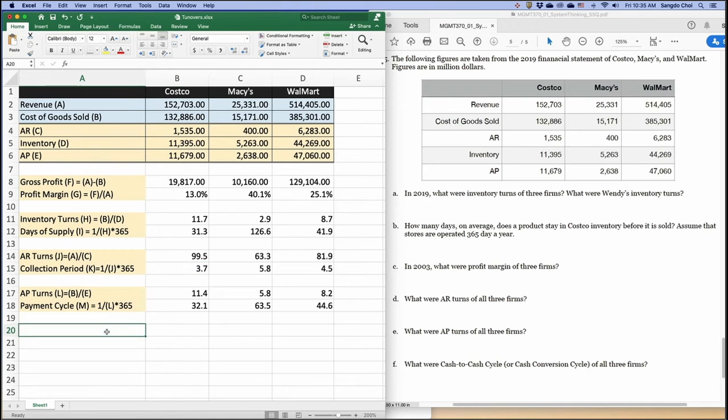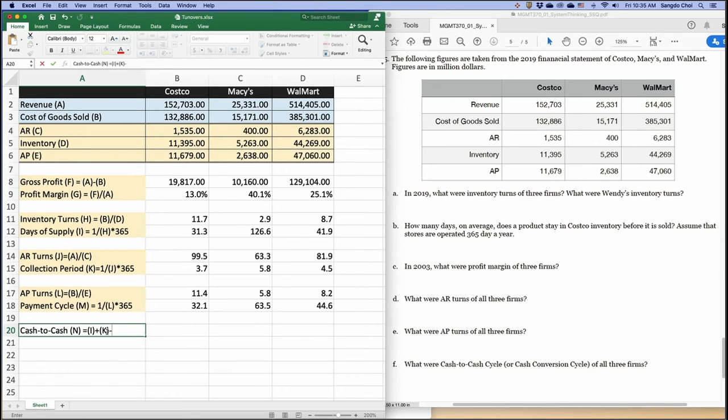Now we want to compute the cash to cash cycle, or cash conversion cycle. I gave it the label N. This is actually days of supply, meaning sales cycle, plus collection cycle. I plus K is cash in.